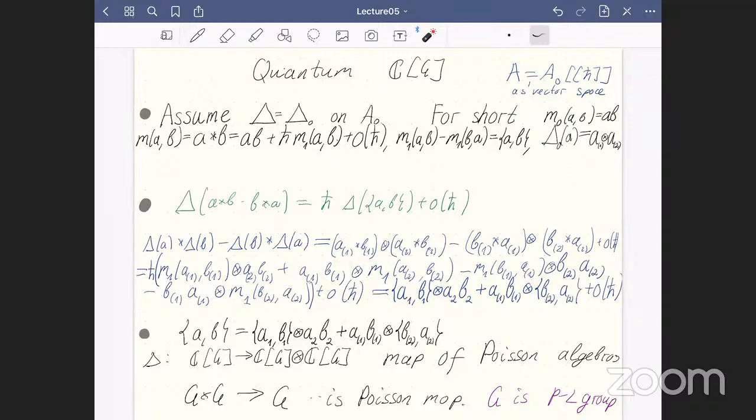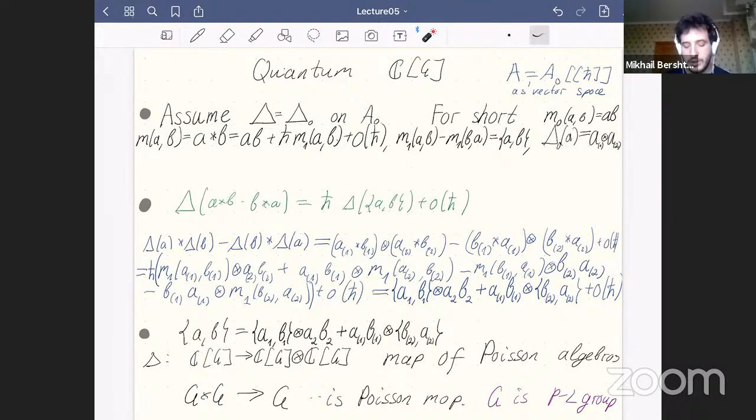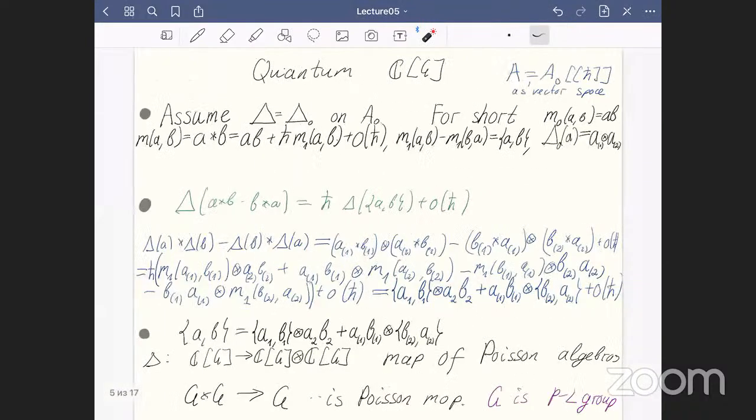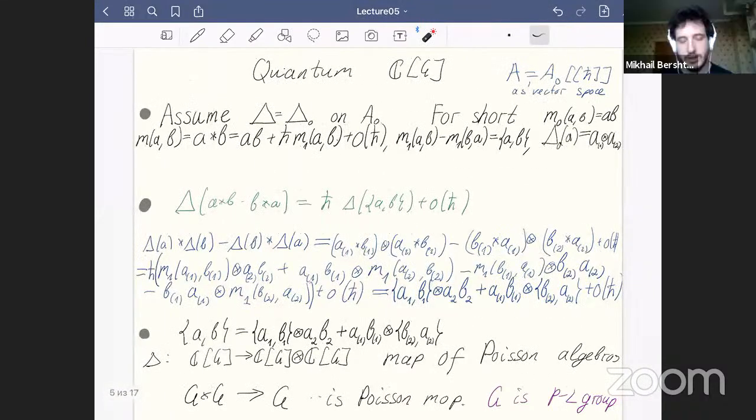This is true. Isn't the assumption up to H bar? I mean, that delta equals delta 0 up to H bar on A0. Of course, but up to H bar is not an assumption. Oh, yeah, this is. Yes, I thought that I need it, I mean, in the examples which we're going to talk about.